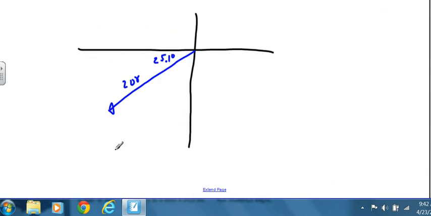Yes, 150. I come that way, 150 down to there. Now I want to know that length, and that angle is what I'm looking for. What I want to find is this interior angle.